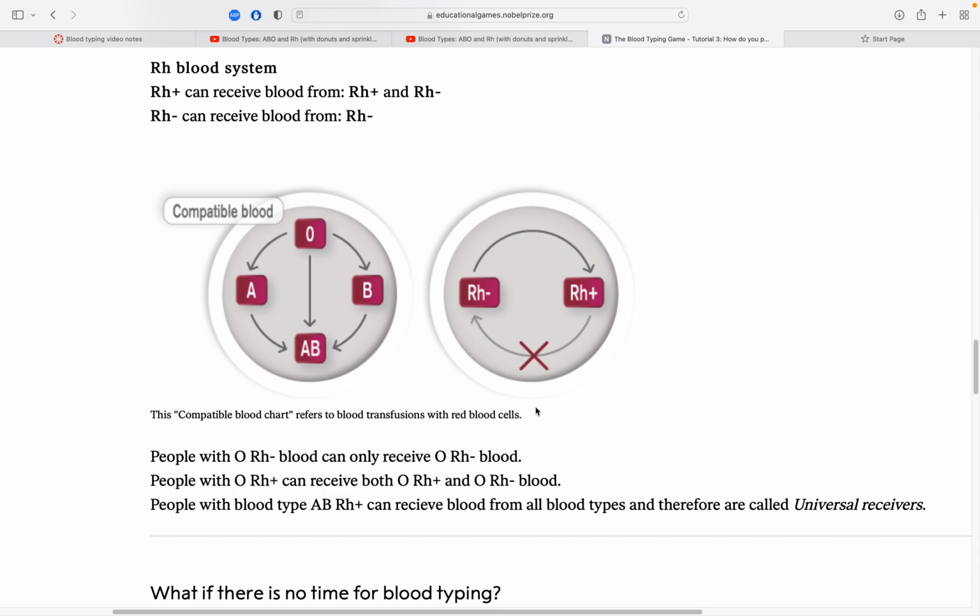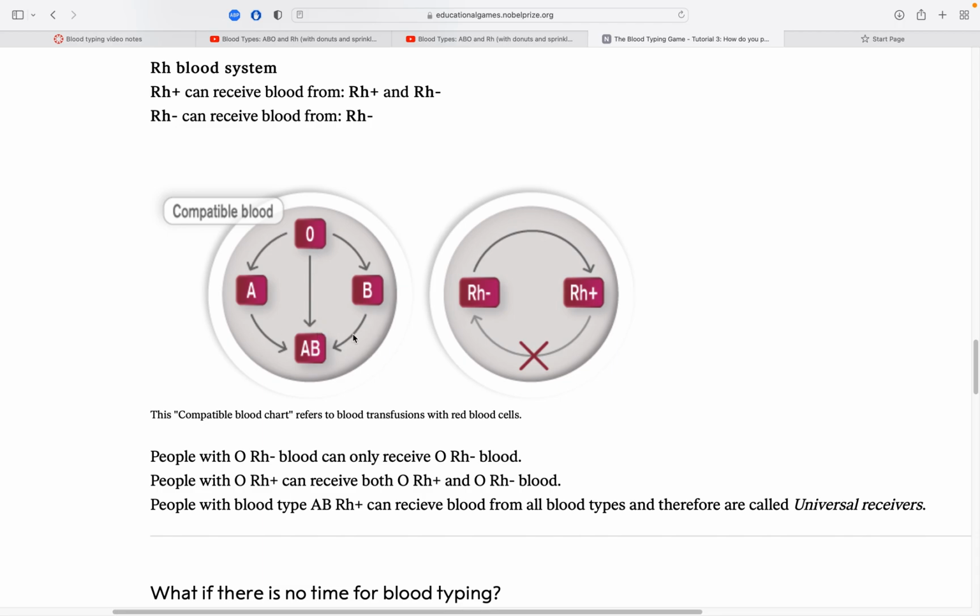So A right here, someone that has A blood, who can they get blood from? You can always get blood from another person that has your same blood type. So an A person can receive blood from another A person, or what else? Somebody say it. A can receive blood from another person with A, or who else?